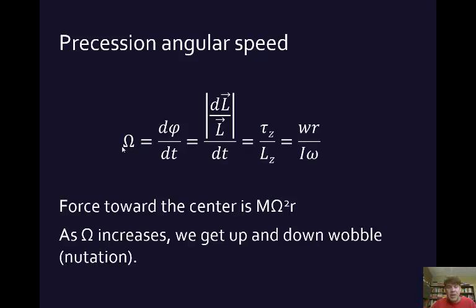But interestingly enough, the faster the flywheel is spinning, the slower the precession is. But the slower the flywheel is spinning, then the faster the precession. And that's where you begin to get a vertical component that causes wobble.